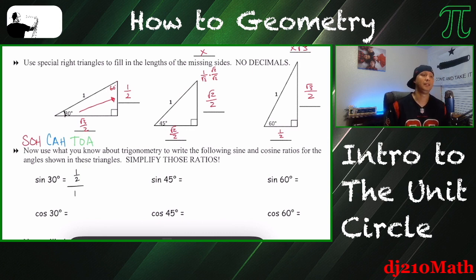This is nice. With the hypotenuse being 1 in all these scenarios, anything over 1 is just itself. So really, we don't even care about the hypotenuse at this point. So sine of 45, if this is the 45-degree angle, is going to be opposite over hypotenuse. Again, √2/2.